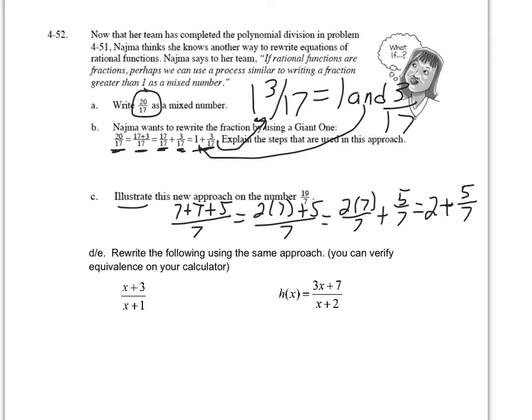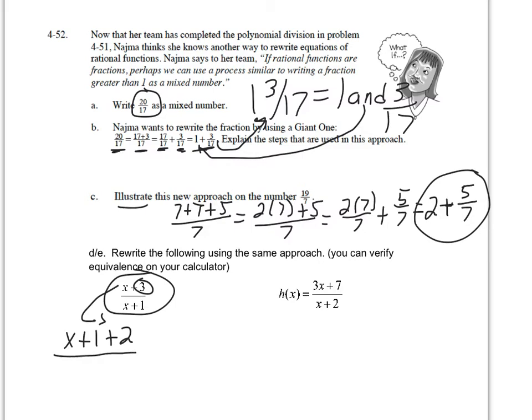Now, can we use this skill here to actually perform division? Now I'm going to take x plus 3 divided by x plus 1. My numerator of x plus 3 is x plus 1 plus 2. I've taken that 3 and split it into a 1 plus 2 over x plus 1.